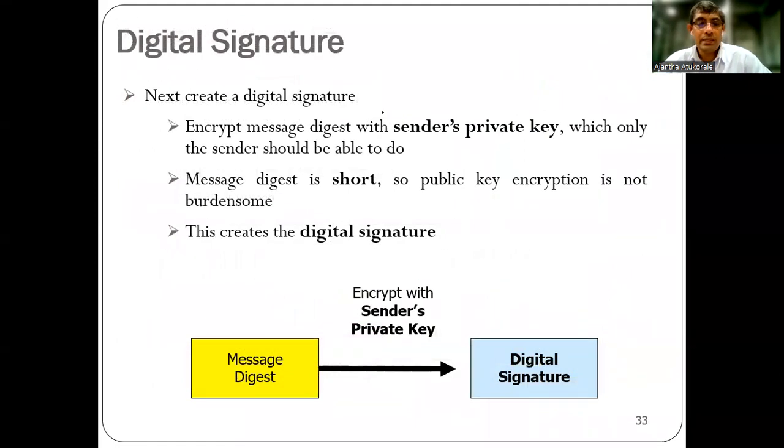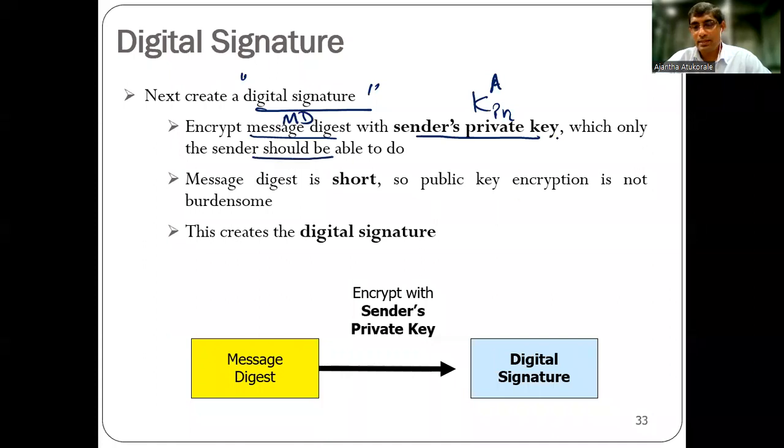Now here we create the digital signature. This is the slide, how to create a digital signature: encrypt the message digest, that is MD, with the sender's private key, K private, let's say of A and B, A, which only the sender should be able to do. That's right, because we know that only A will have his private key. So now the encryption happens, remember. The message digest we take is plain text, but it's a number. How did it come?